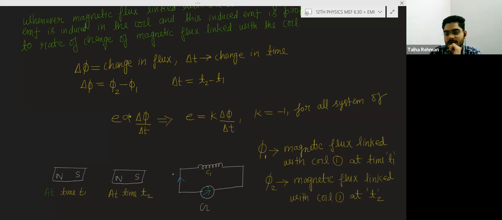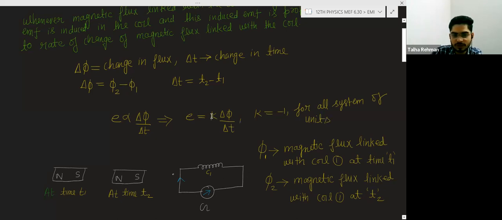We have the SI system of units, the international system of units, we have CGS, MKS, FPS. So in all systems of units, this k value is -1.